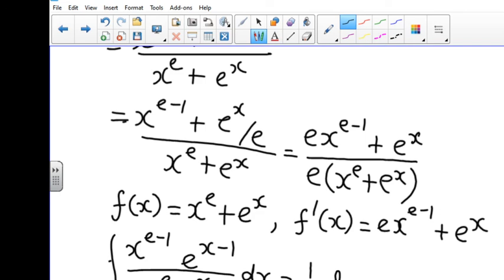So we can write it as 1 by e log of modulus of x power e plus e power x plus c. So you can easily write down the answer. First step, we split the terms as e power x divided by e, and taking the LCM we make the e go to the denominator. Using the first formula we can write the answer for this.